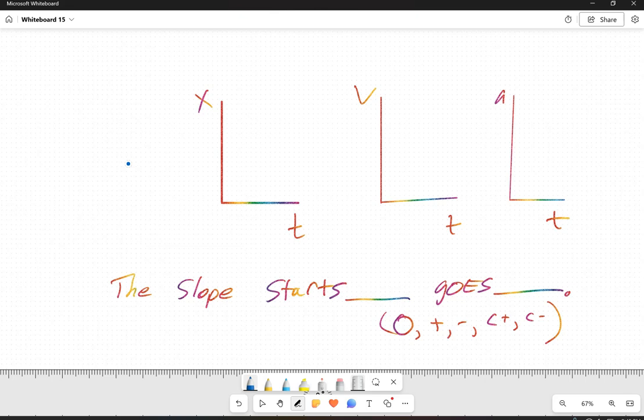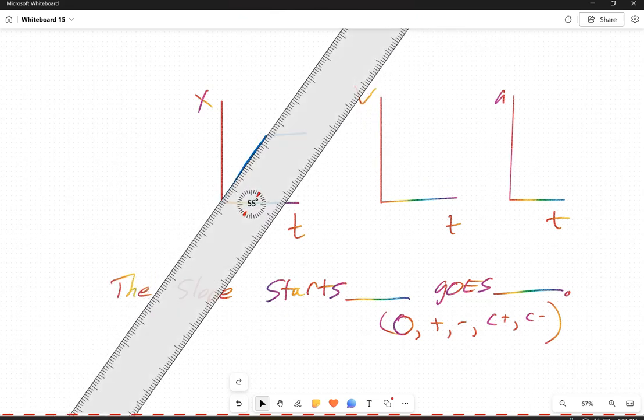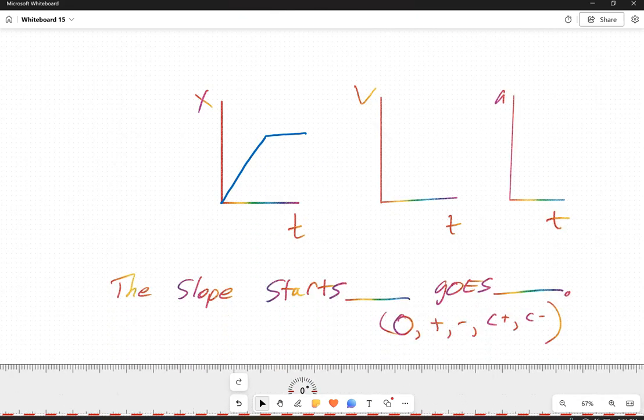So to test this out, yes. For this graph, it starts constant positive. That's in the positive direction.